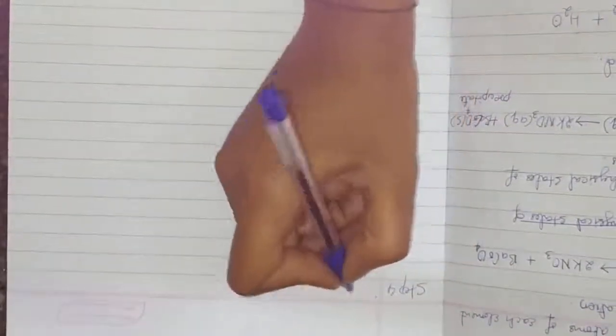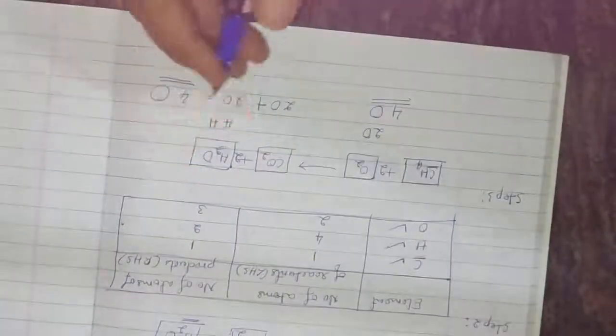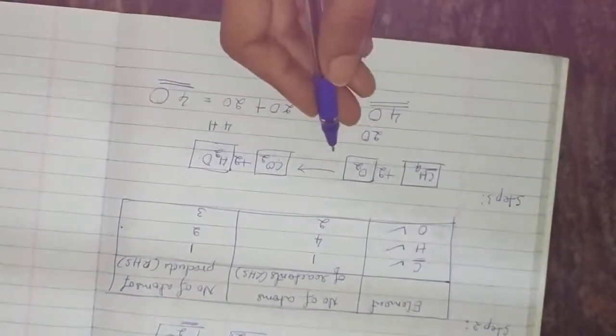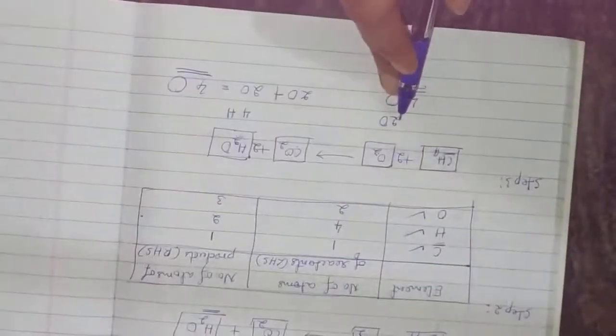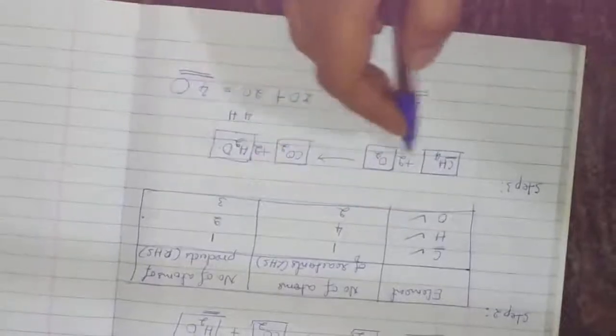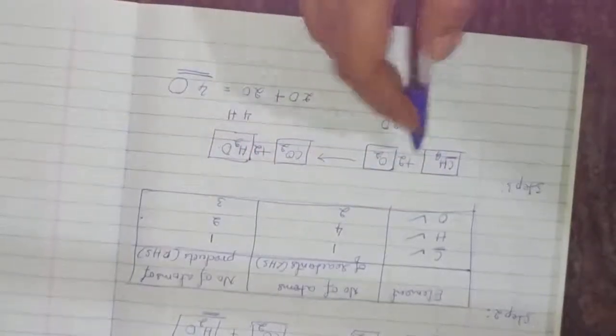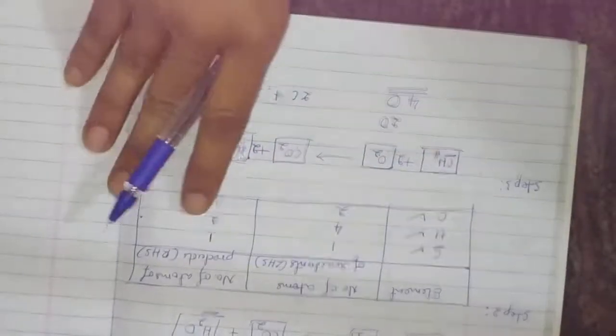In next step we have to count the number of atoms in reactants and products, whether they are balanced or we have to check it again in step 4. And here already all the atoms in reactants and product side are balanced.